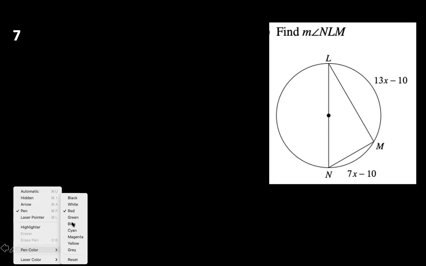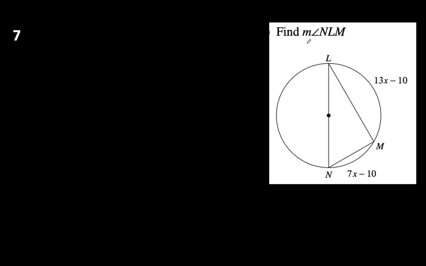Let's use blue. We're going to find the measure of the angle NLM. So we're looking for this. But we know that its intercepted arc is 7x minus 10, right? And look at this, guys. Since there is a triangle formed in a given circle and the longest side is the diameter, from the property that we discussed a while ago, this is a right triangle and this is 90 degrees, correct?